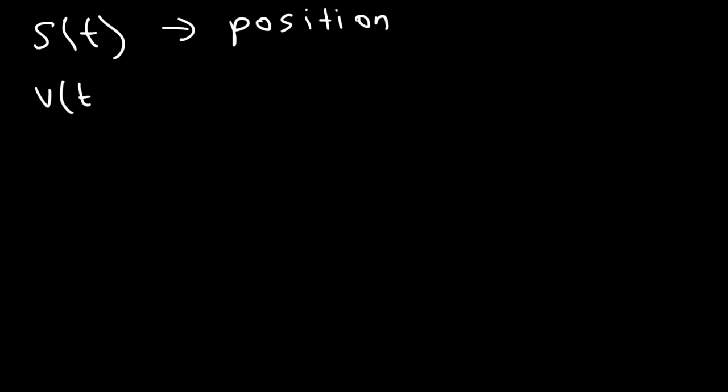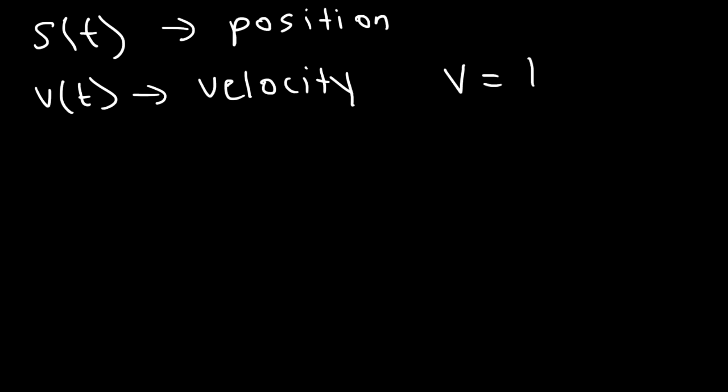V of t is the velocity function. Velocity tells you how fast an object is moving, and it also tells you the direction. So if the velocity is positive, that means that the object or the particle is moving to the right. If the velocity is negative, then the object is moving to the left.